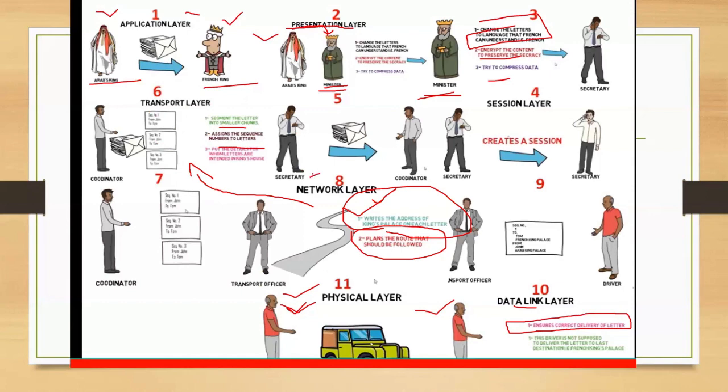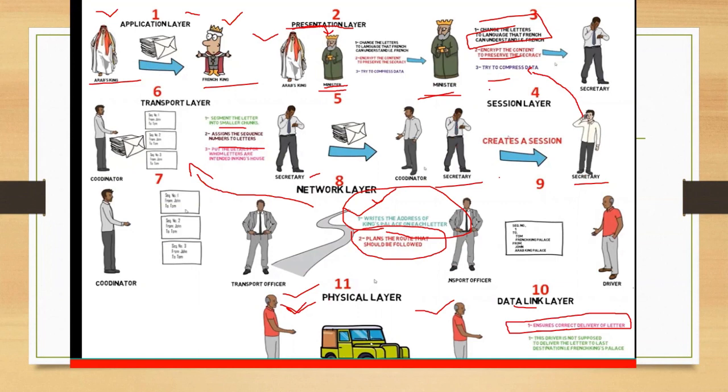The secretary will create a session in which the message can be transmitted. The secretary of the Arab king will set the session by discussing with the secretary of the French king. That is the session layer. After setting the time, the messages will be sent to the presentation layer, because the message is in the format of the Arab king's language.